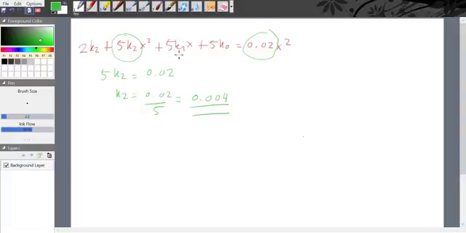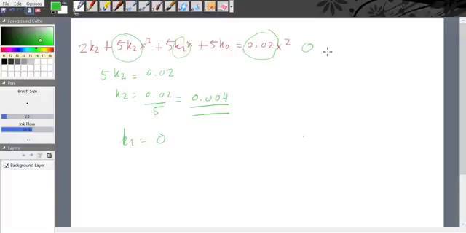Now we need to evaluate k1. In the right hand side we don't see any coefficients of x, so k1 is simply 0 because this doesn't have its match over here. Last but not least, we need to evaluate k0.